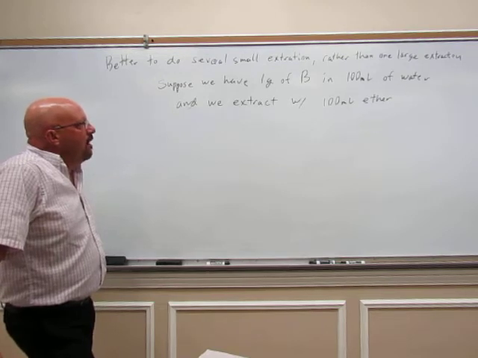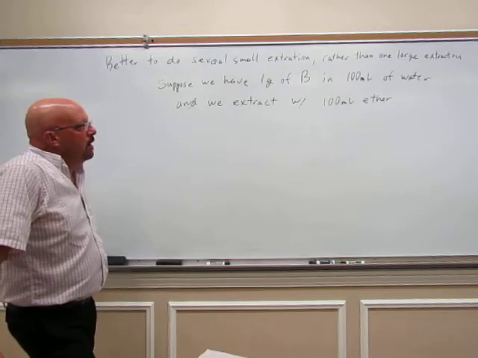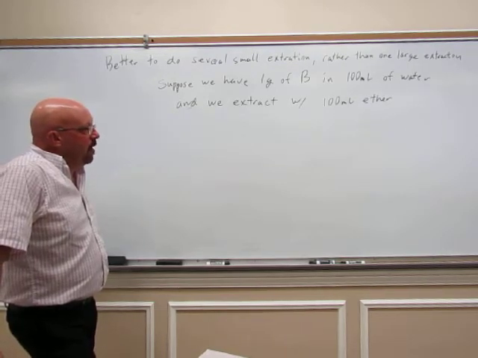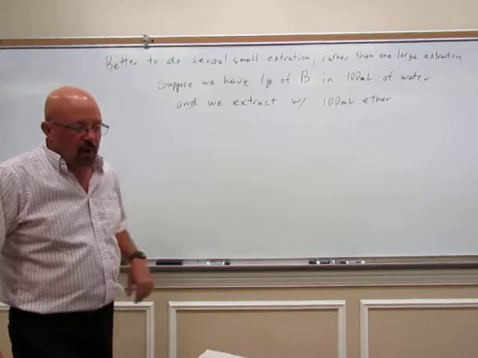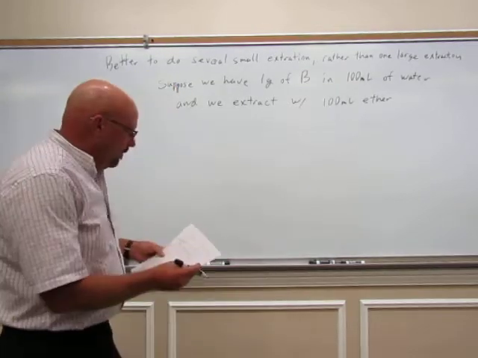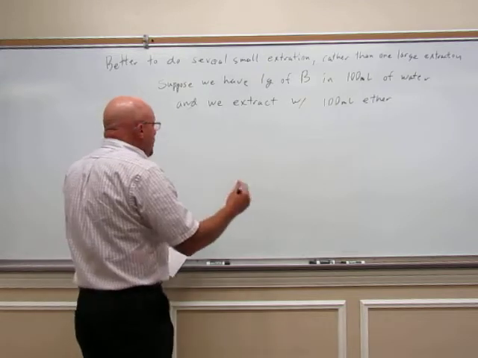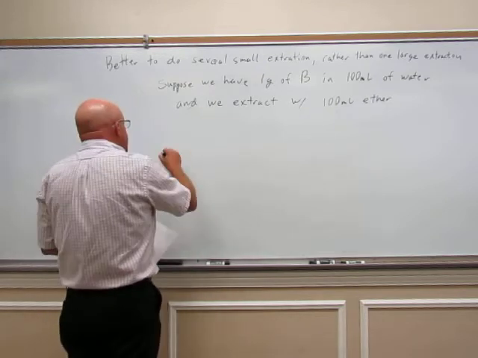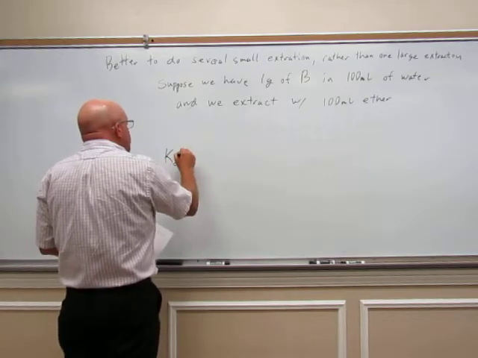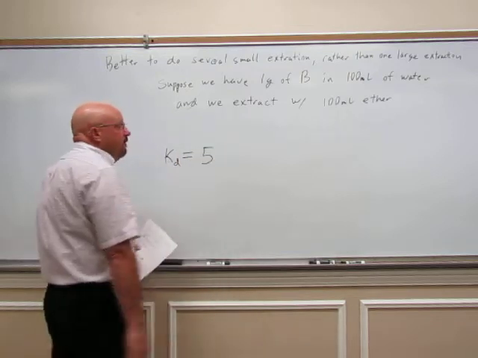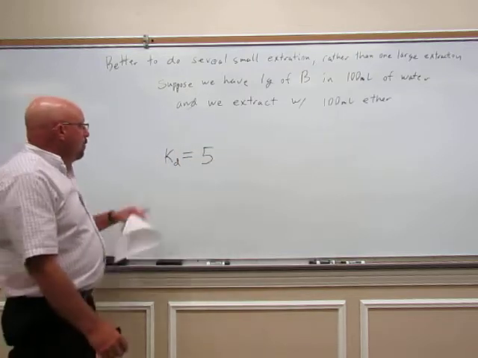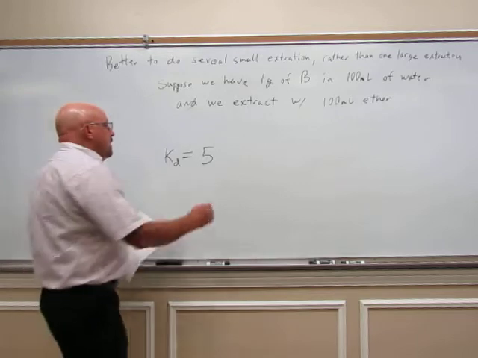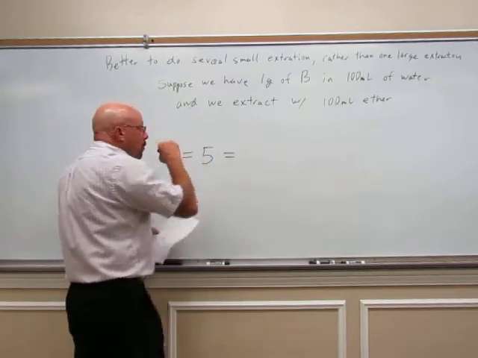So we're starting off with 1 gram in 100 milliliters of water, and we are going to extract with 100 milliliters of ether. So we already know the distribution coefficient. We just calculated it. The distribution coefficient was 5. And we know what the equation there is.